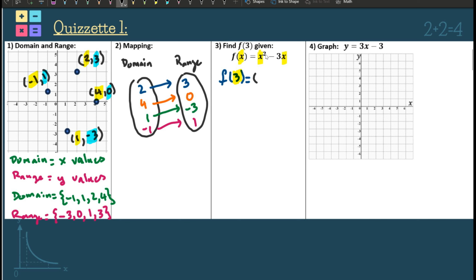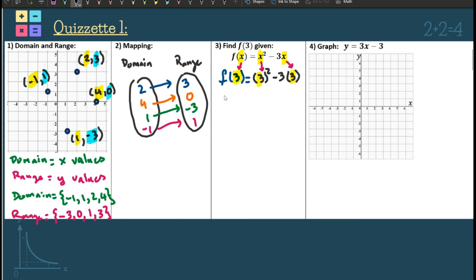Instead of x squared, you're going to have 3 squared minus 3, and instead of x, you're going to times 3. All the x values turn into 3. Let me draw the arrows here, just in case you don't listen to this video, you can see the drawing.